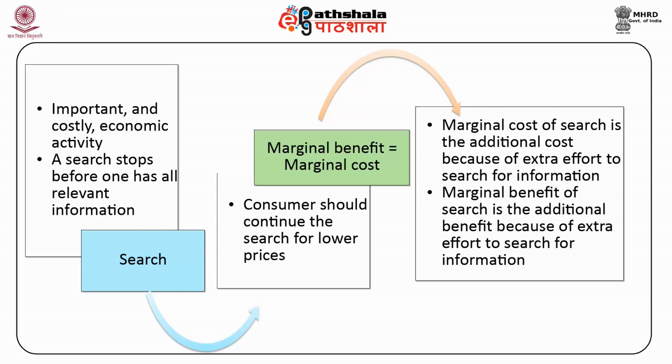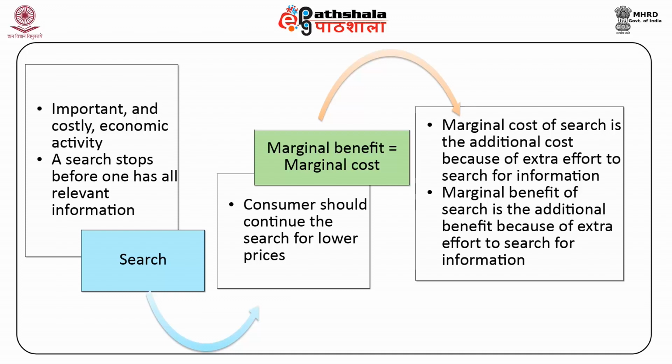The cost of information search includes the opportunity cost of using the four factors of production: labor, capital, land, and entrepreneurship. The extra cost generated by search effort increases with the amount of search. Marginal benefit of search is the additional benefit generated through extra effort directed towards the search for information.